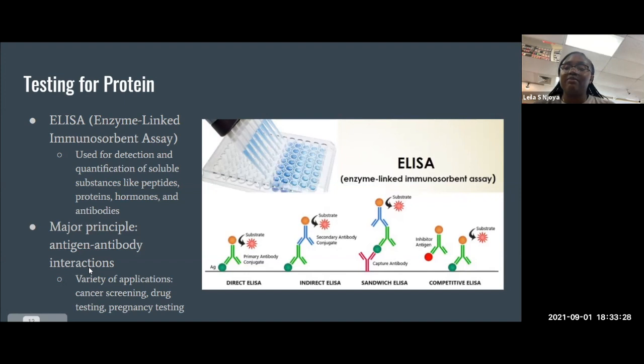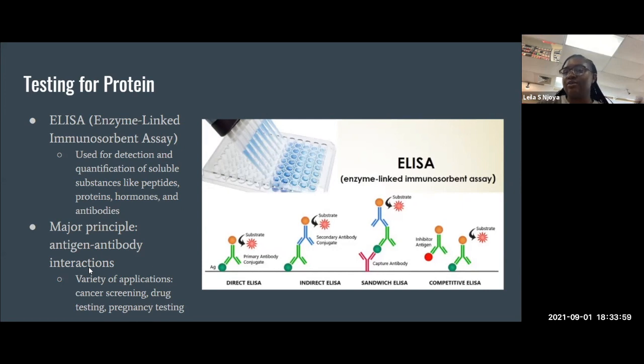So you get a BCRP ELISA, and then you would load your sample into the plates, and your sample would have BCRP proteins, or it could be a mixture of proteins. In order to isolate the BCRP, you'd load your sample, and theoretically, your BCRP should bind to the antigen that's stuck at the bottom.